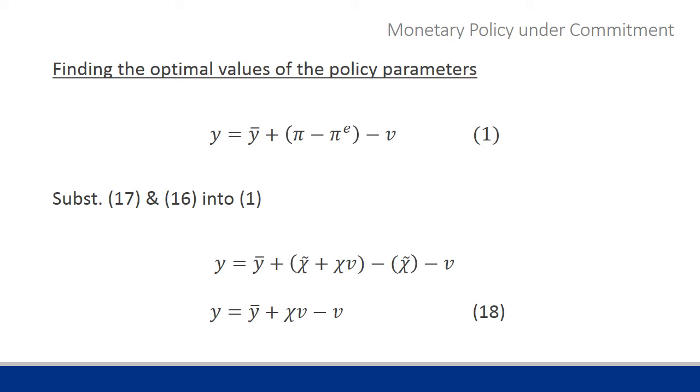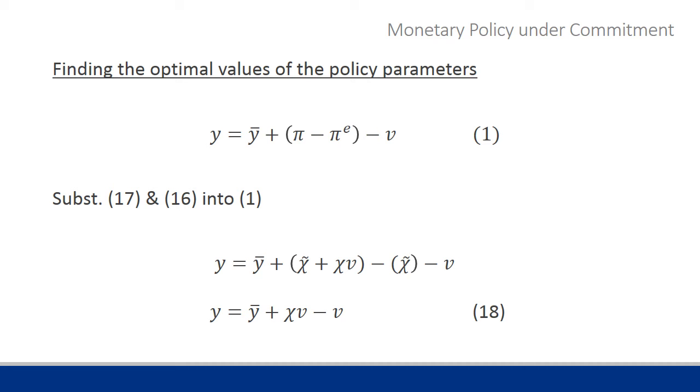We start with the aggregate supply relation, y is equal to y bar plus pi minus pi e minus v. And we substitute into the aggregate supply equation our monetary rule, which is equation 16, and our solution for the expectation of inflation, which is equation 17.